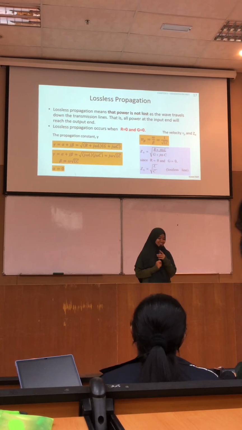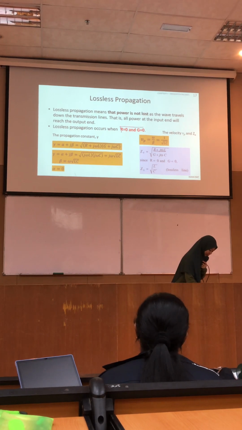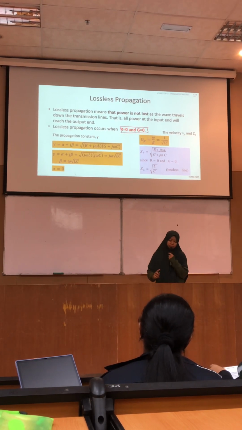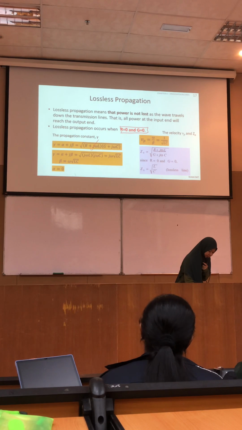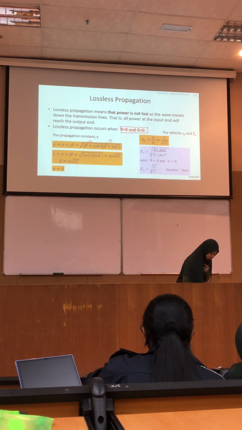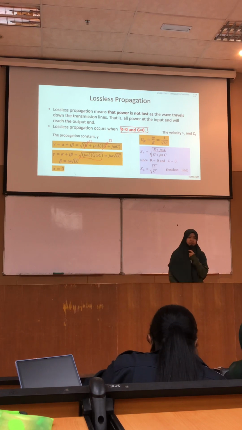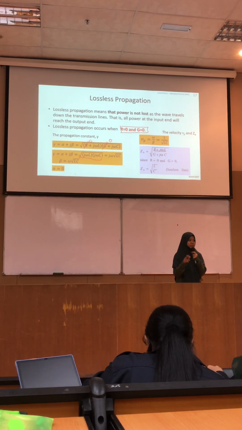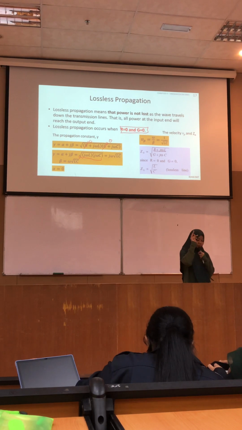Simple. Therefore this equation simplifies, and only this remains: the square root of j omega L times j omega C.